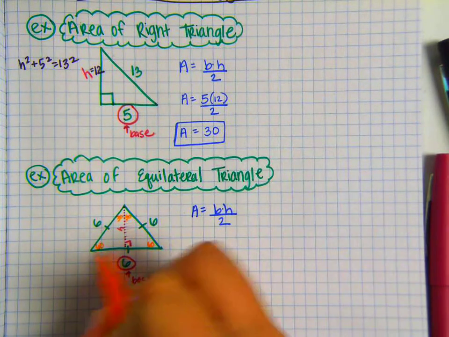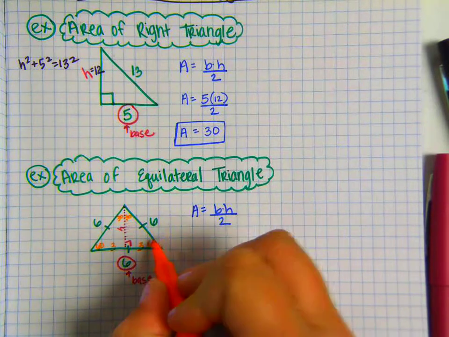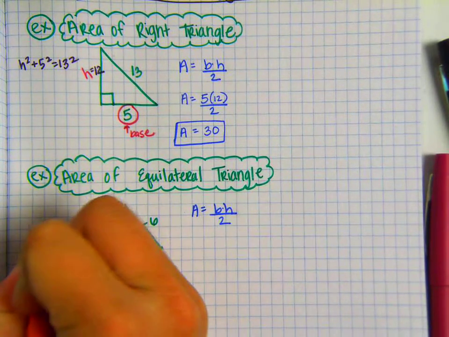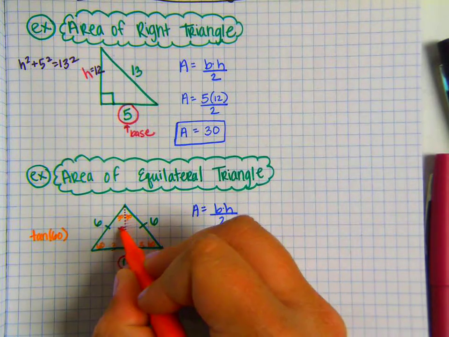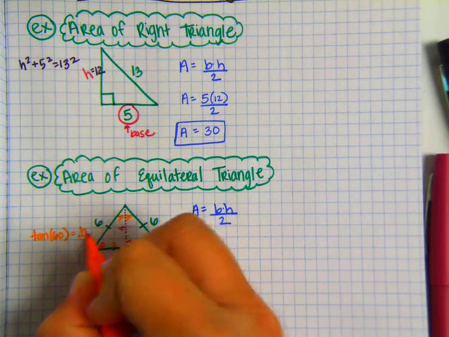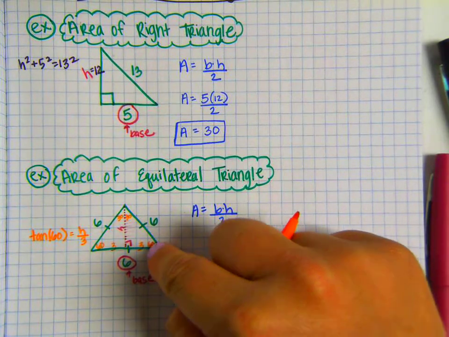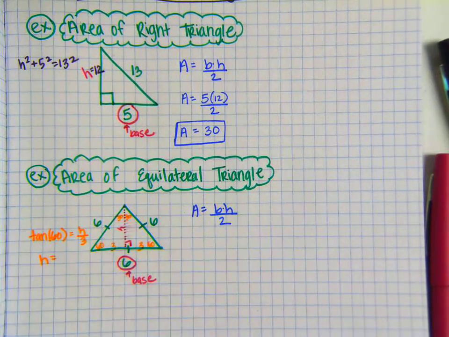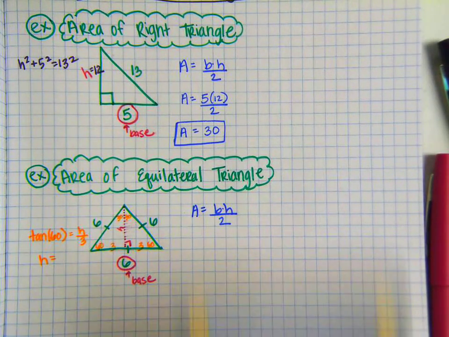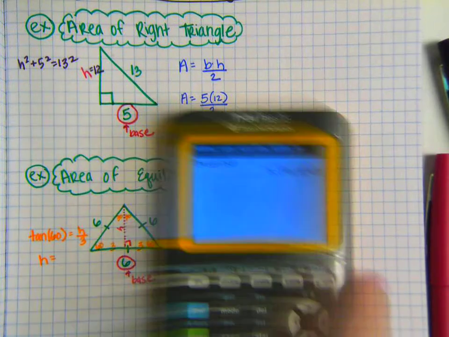So when we do this, this cuts the base in half, so we have 3 and 3. And I'm going to find the tangent of 60, which is opposite h over 3. So that means our height, when we cross multiply, is 3 times tangent of 60, 5.20.